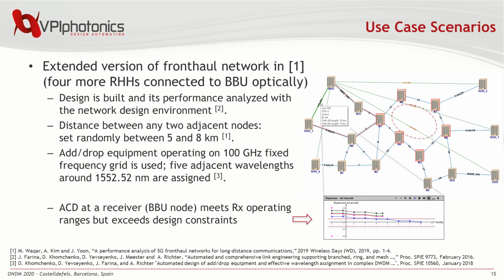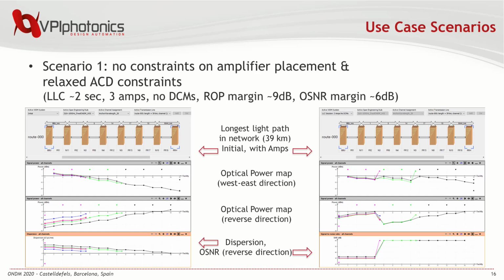For all use cases, power and OSNR margins required at the site are 3 dB. In other words, the optical power and OSNR at any receiver in the network should be 3 dB higher than the threshold values. In the first use case, the algorithm generates solutions with 3 amplifiers and no DCMs.